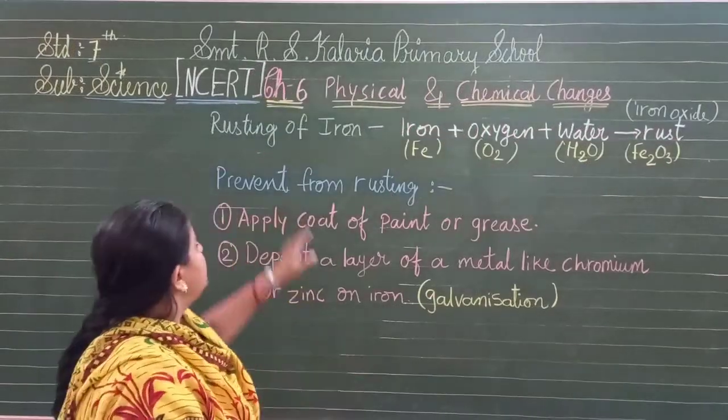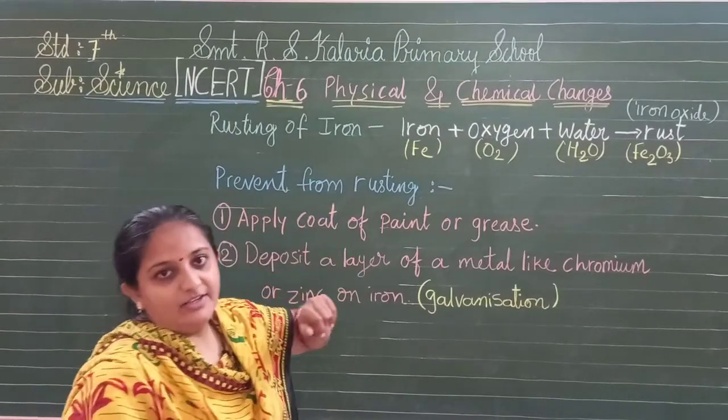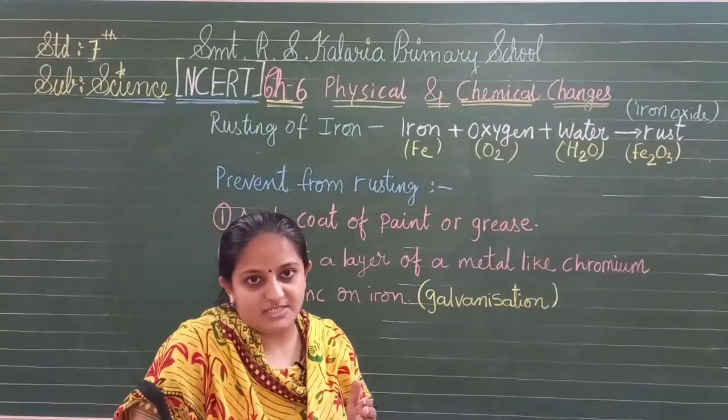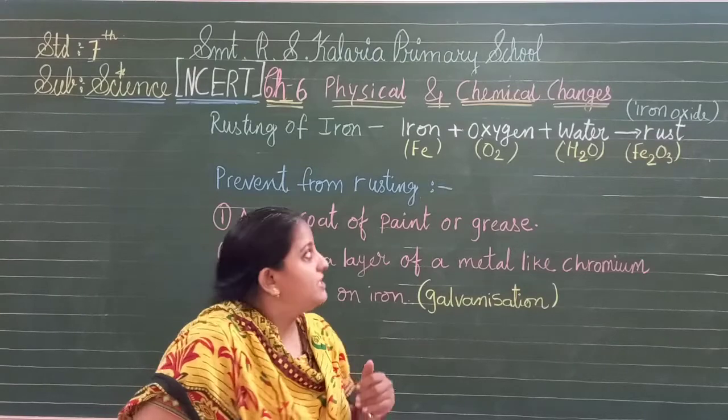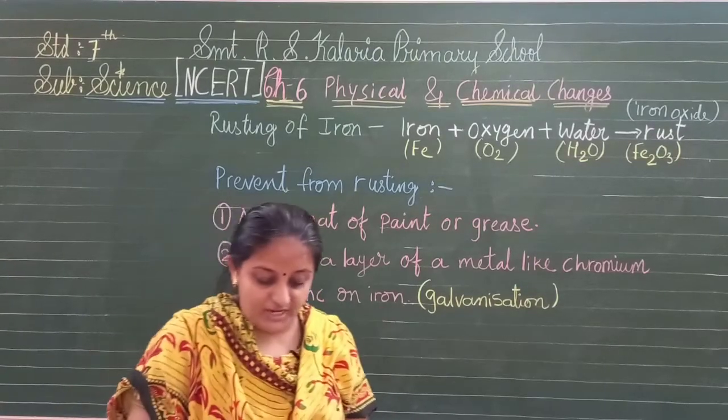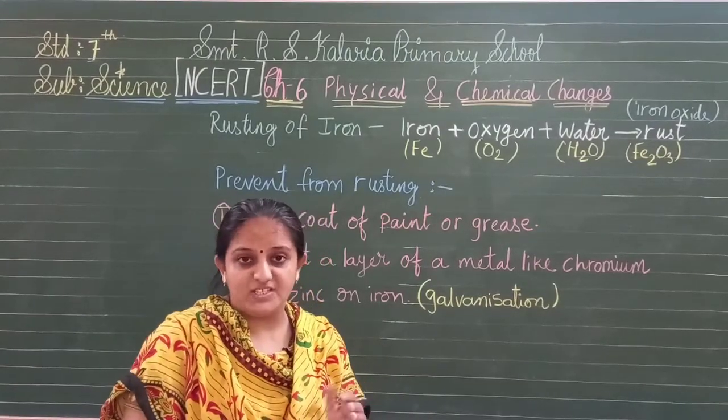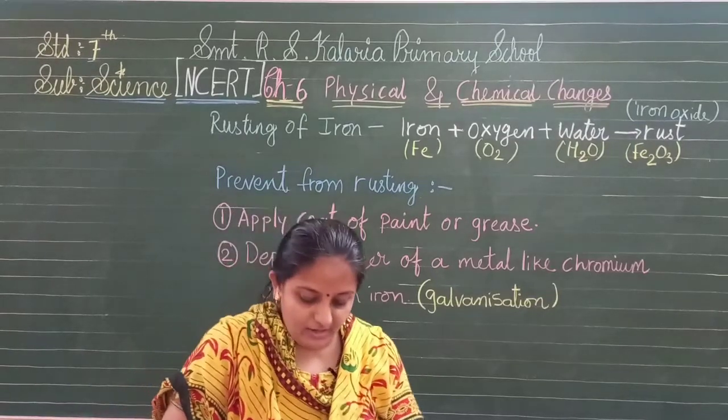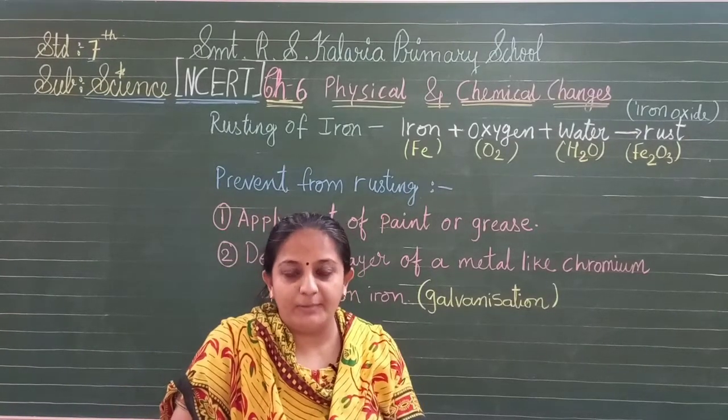Let us understand the rusting of iron. Iron articles rust fast because for rusting the presence of oxygen and water or water vapor is essential.